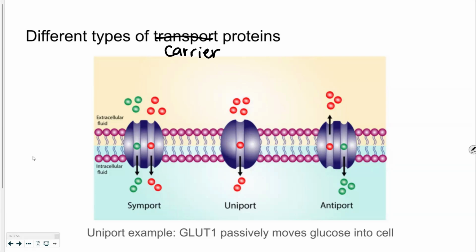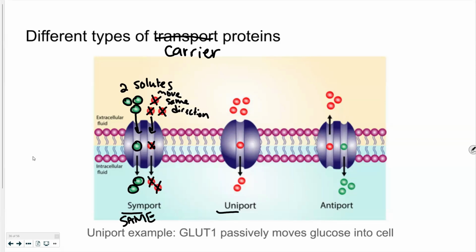So let's look at these three different types of carrier proteins, where we might have a symport. So sym means same, where we are going to have two different solutes. Okay, so I'm gonna make this more colorblind friendly. Okay, so we have two different types. We have the X's and O's, or red and green. So we have two different solutes that are moving in the same direction.